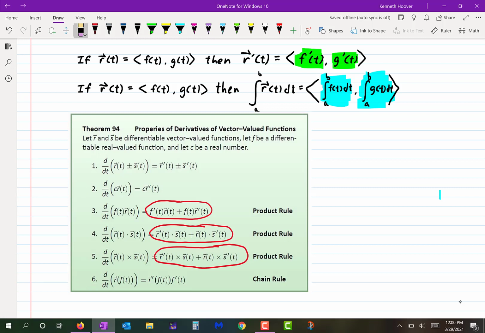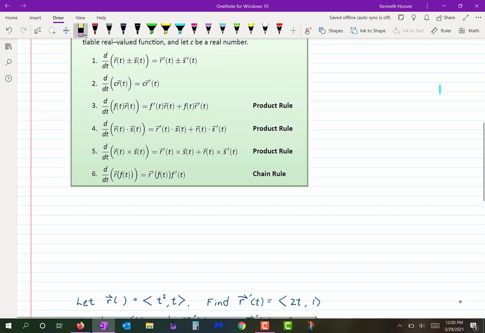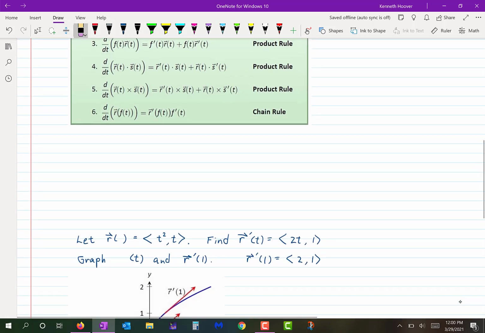Okay? What's the definition of continuity for a vector valued function? It's the same as it is for a real valued function.